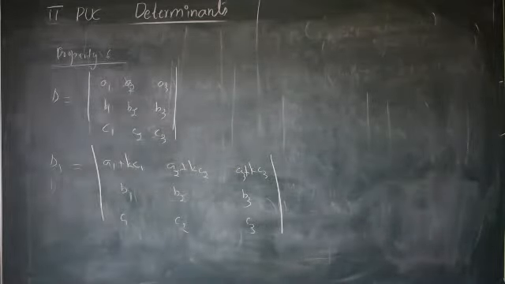If I write the determinant like this, then also the determinant value does not change. So why is it so?